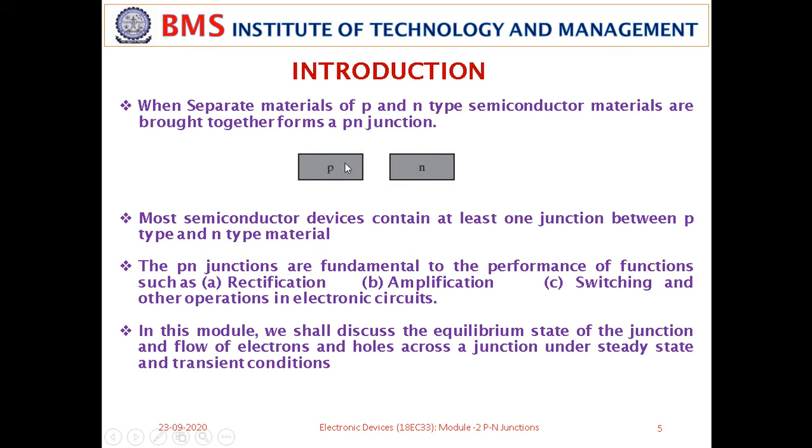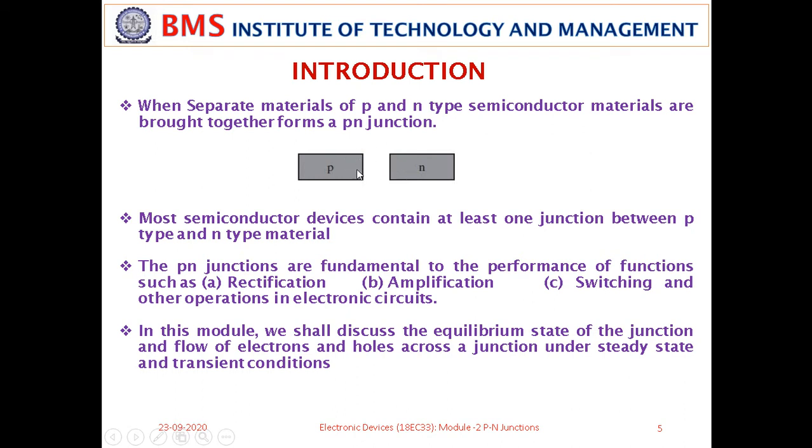When holes from the p side leave and occupy the electron positions, they leave negative ions here. So negative ions on the p side and positive ions on the n side create an electric field, and the electric field is pointing from n to p.